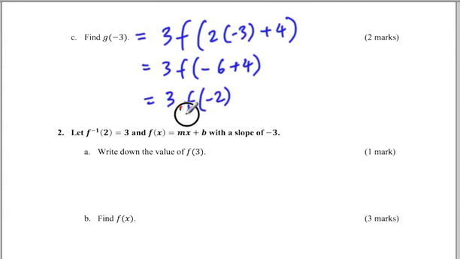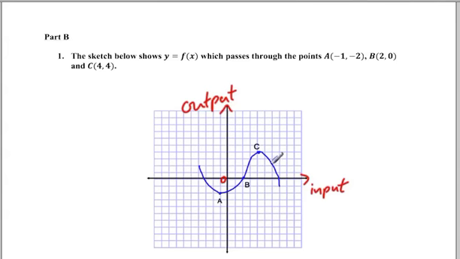So in other words, we have to find out what this value is. And the only way to determine that is to go back to the graph and see what it is. So f of -2. Let's go back to the graph and look here. F of -2, if you look over here, this point, roughly speaking, is -1.5. Sorry, my bad.